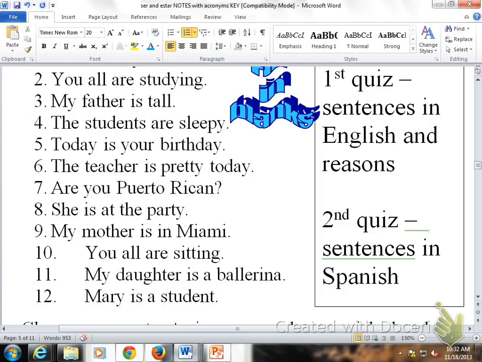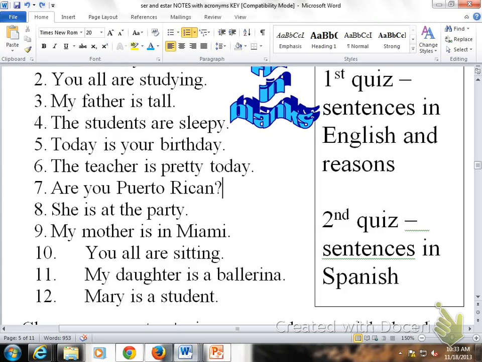Teacher's pretty today. The today makes it temporary. If I took that away, then that would be said, because that would be a description or a characteristic. But since we have today there, then that's temporary, which would be estad.